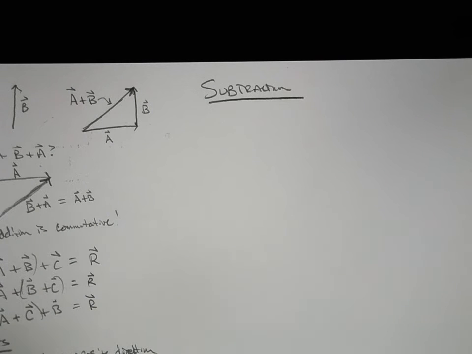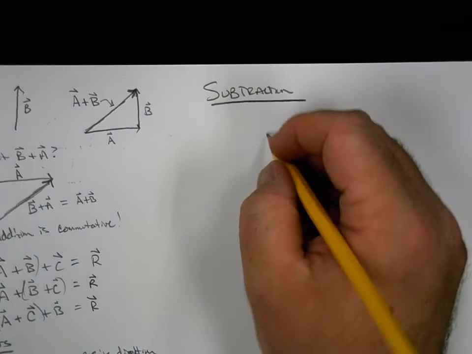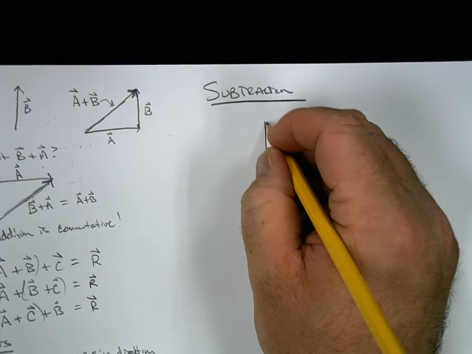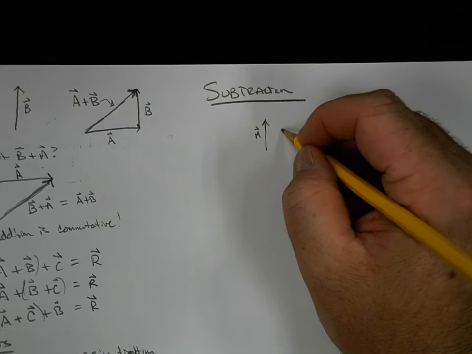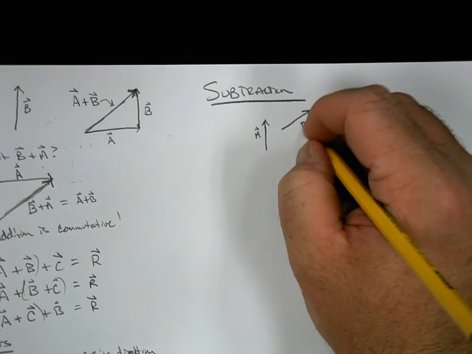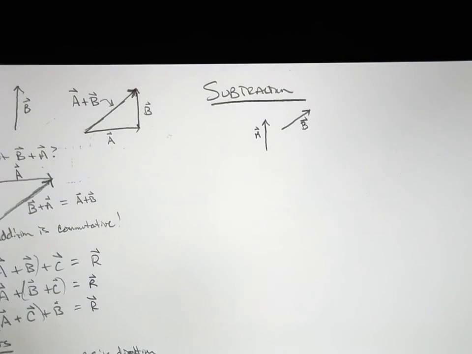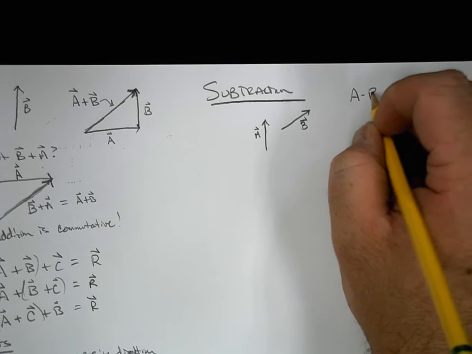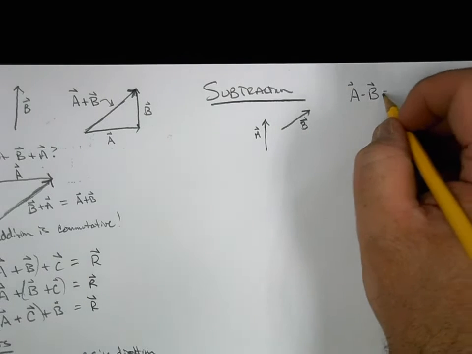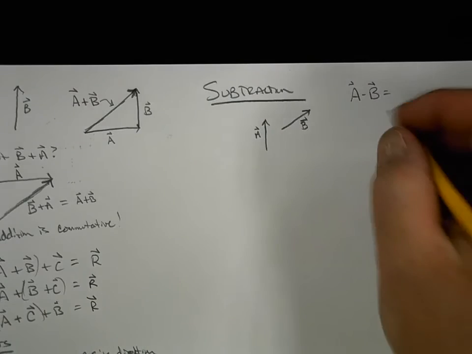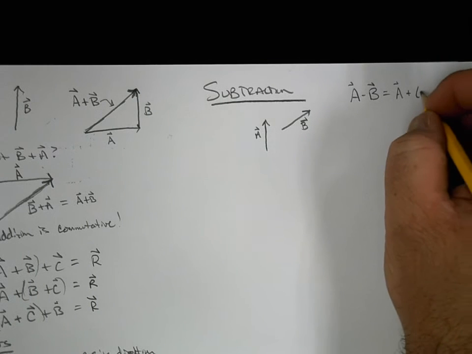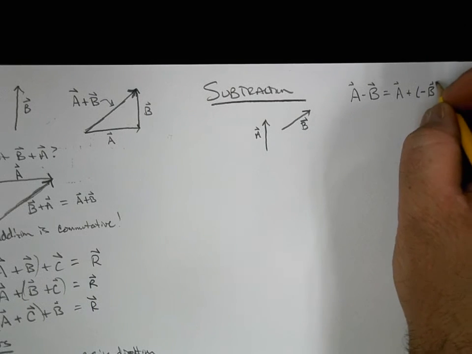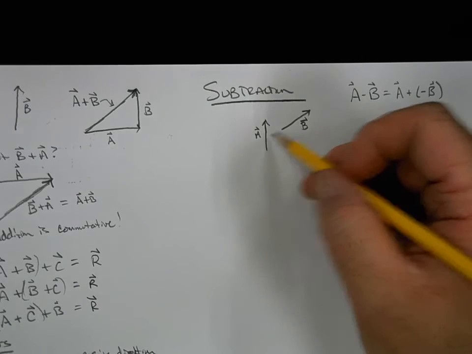So if we have vector A and vector B, and we want to find A minus B, for vector math this is the equivalent of vector A plus negative vector B. So we're going to subtract B from A. It is A plus negative B.